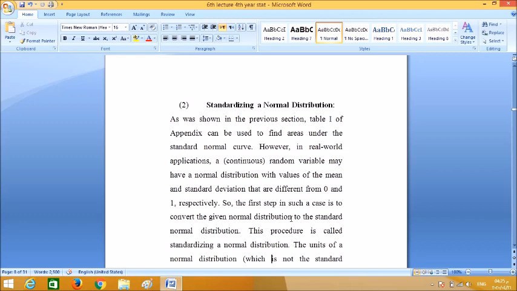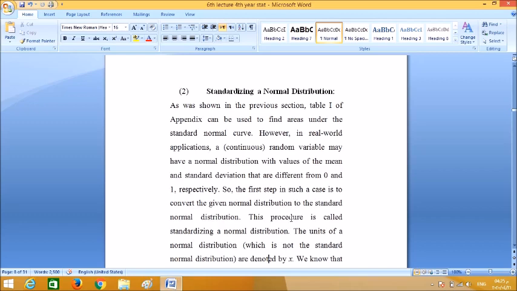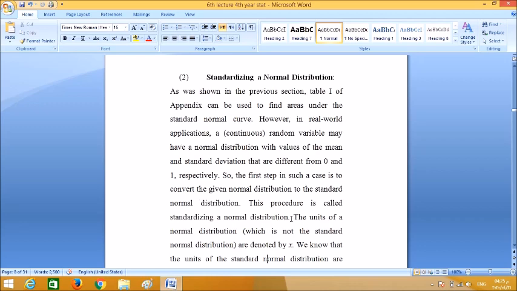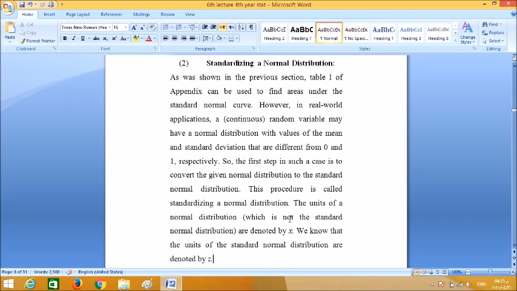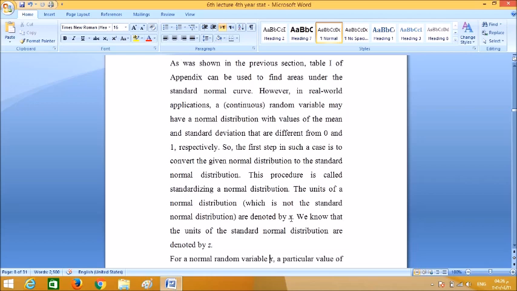The units of a normal distribution, which is not the standard normal distribution, any normal distribution, are denoted by x, as we learned before. We know that the units of the standard normal distribution are denoted by z. So how can you transfer x to z?